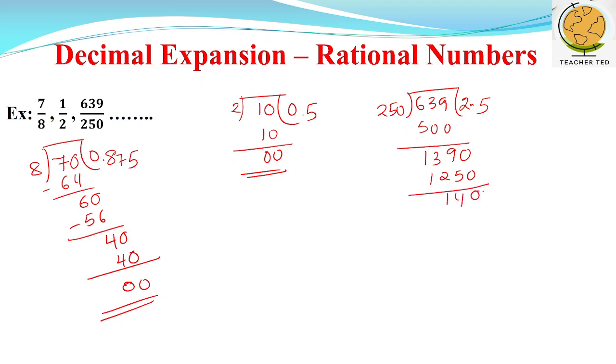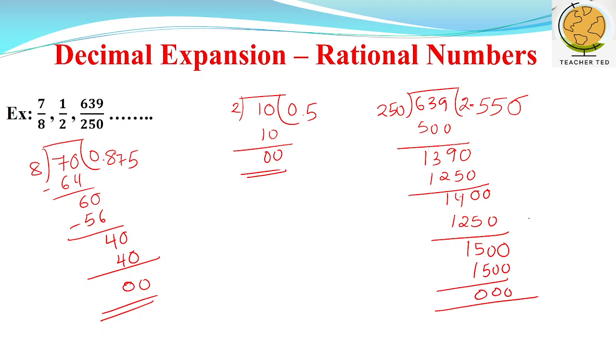Again 140 is less than 250, put one more 0 here. Again the same thing, 250 times 5 is 1250. Then we put 0 here because we have already taken the point here. 250 times 6 is 1500, then the remainder becomes 0.